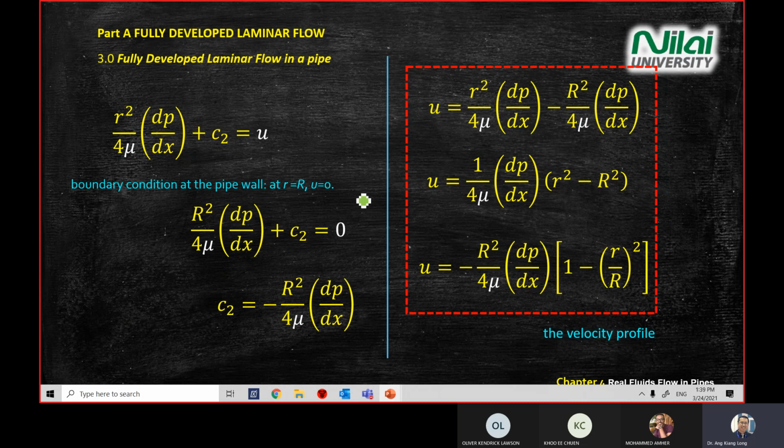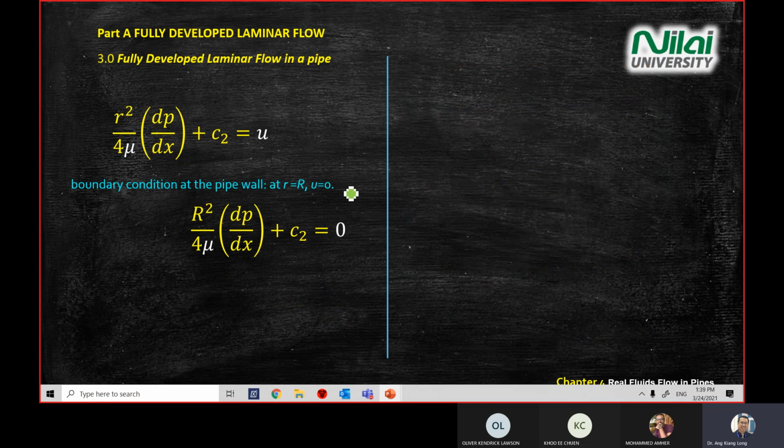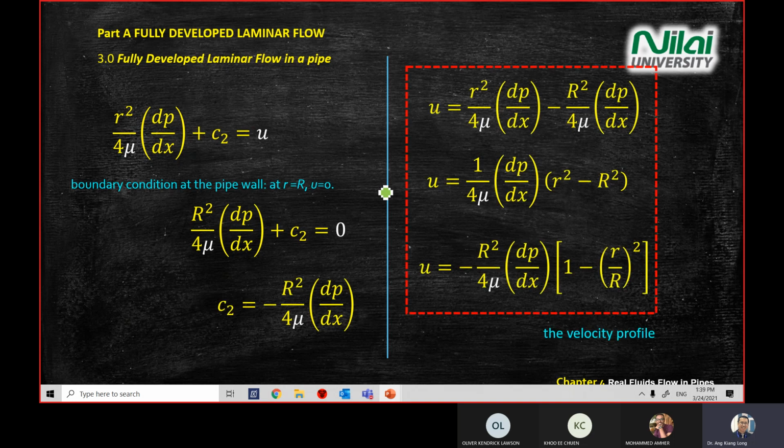The derivation steps are already covered in the slides. Don't worry, in the exam I won't ask you about the derivation steps. What is important is that you are able to identify or recall the equation for a particular scenario.